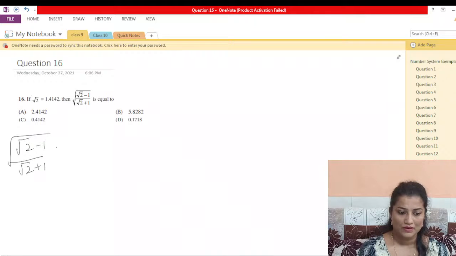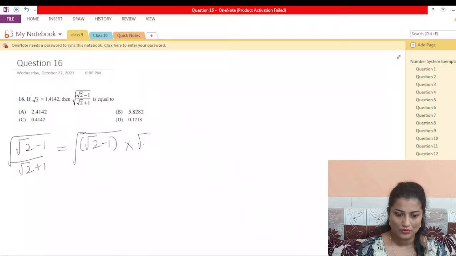Now while rationalizing the denominator, here the denominator is root 2 plus 1. So taking its opposite, we will take root 2 minus 1. Right? So the expression becomes whole root of root 2 minus 1 into root 2 minus 1 upon root 2 plus 1 into root 2 minus 1.